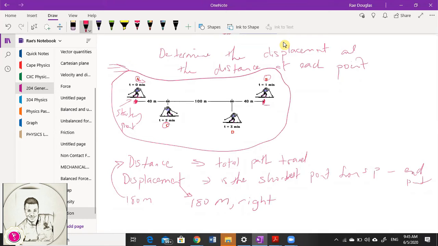You understand? Sir, is it 60 meters? What value are you giving me? From A to C, what's the distance? 60 meters. You said how much? 60 meters. Why did you say 60 meters?